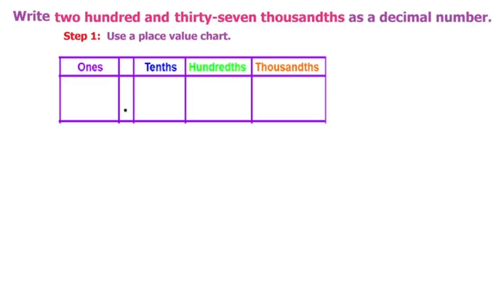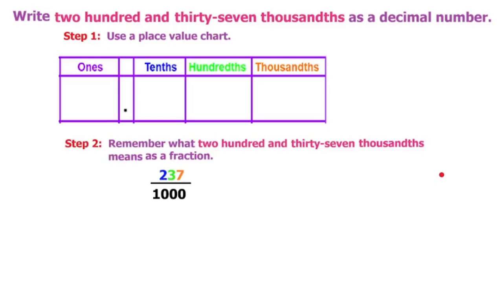The next step is to remember what 237 thousandths means as a fraction. So 237 thousandths is 237 over 1,000. That's all it means.